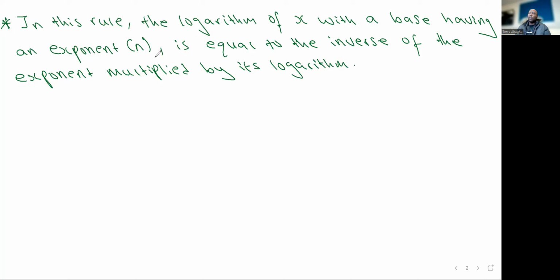Okay? So the key word I want you to remember here is the inverse. It's the inverse of the exponent multiplied by this logarithm.